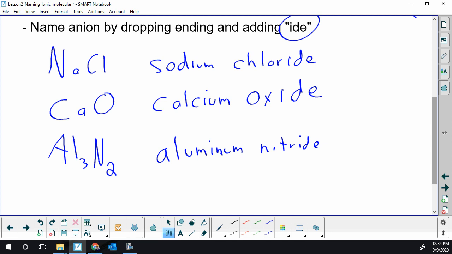In a later lesson, nitrate is NO3 minus. It's one of those polyatomic ions. Nitride is coming from nitrogen by itself. Anytime the ending is ate or ite, it's polyatomic.